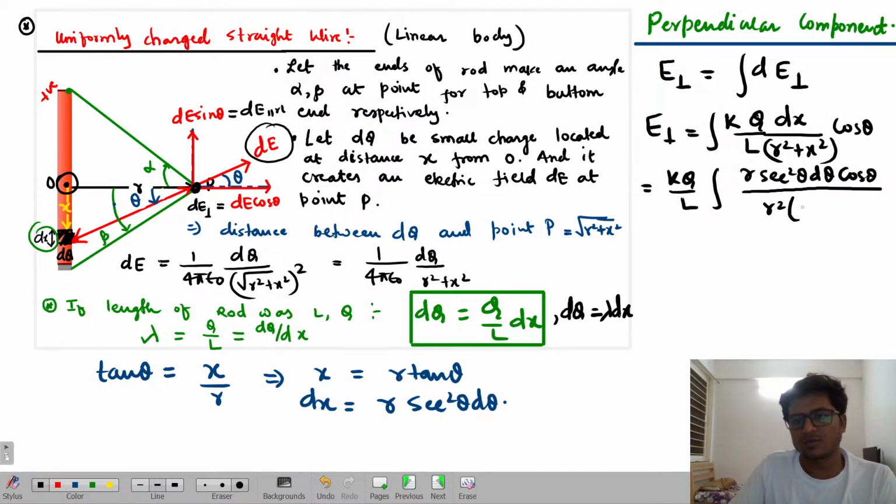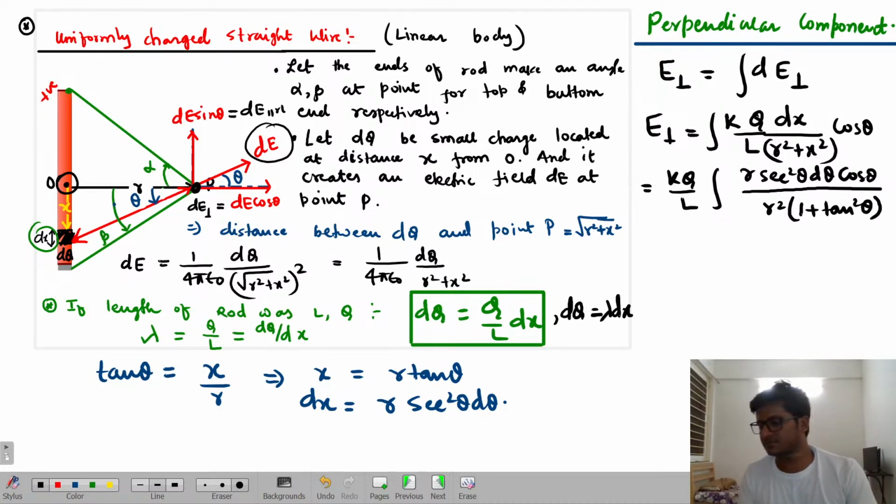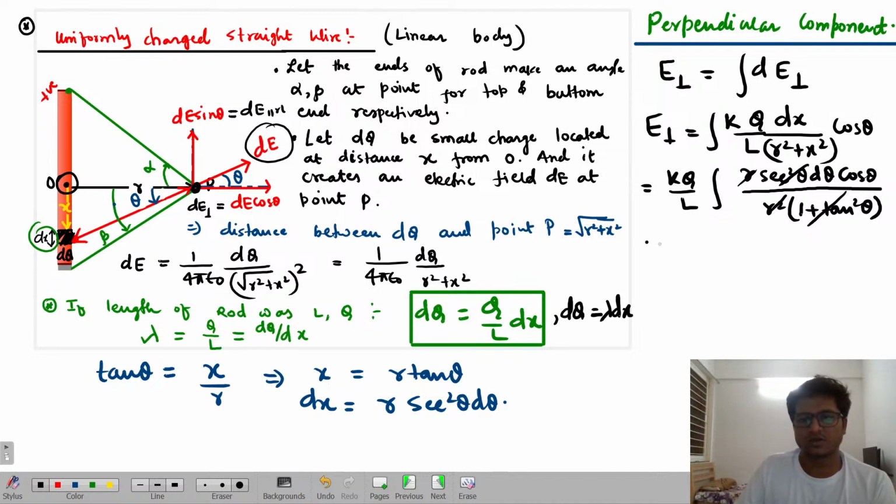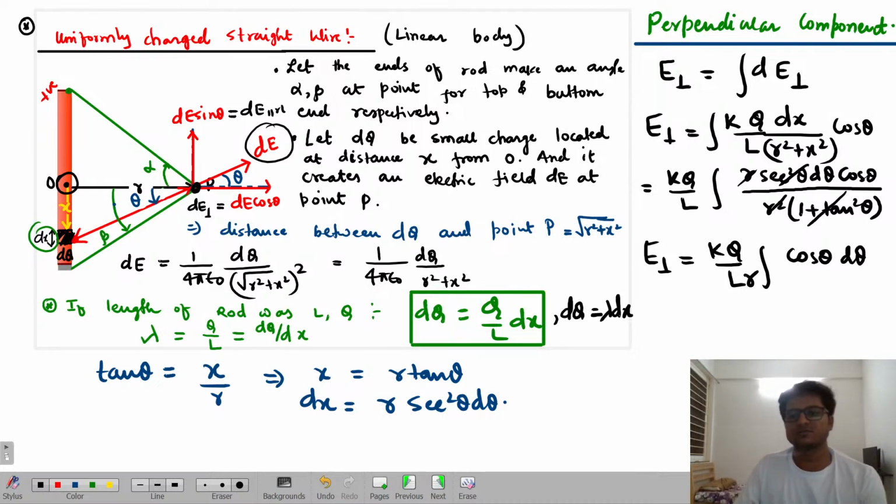I'll take r square common, 1 plus tan square theta. Is that clear or not? And 1 plus tan square theta is also sec square theta. So this whole term got cancelled or not? And r got cancelled. So what I am left with, E perpendicular is equal to kQ by L integral cos theta by r. r is also constant, so it will come outside, cos theta into d theta, isn't it?